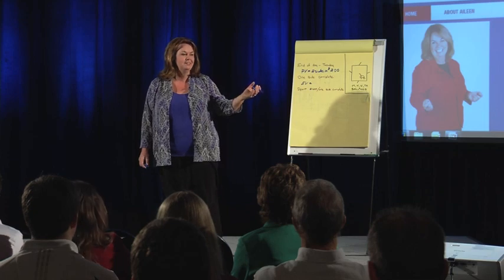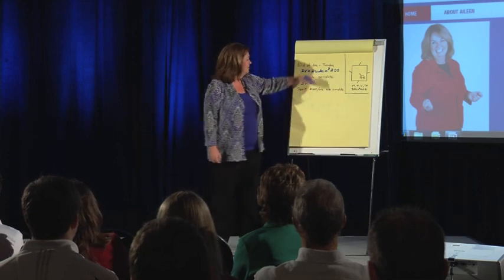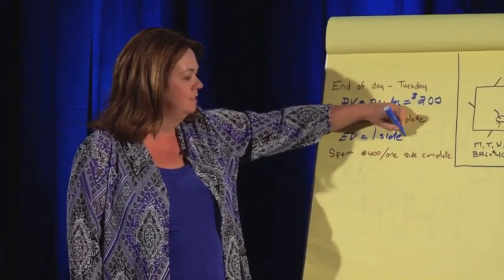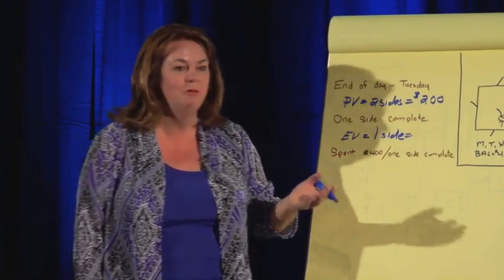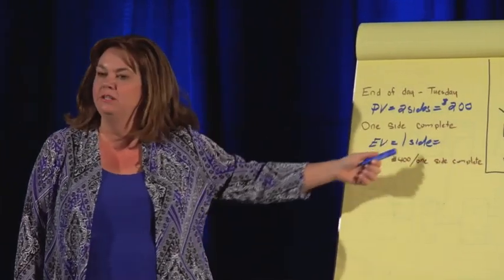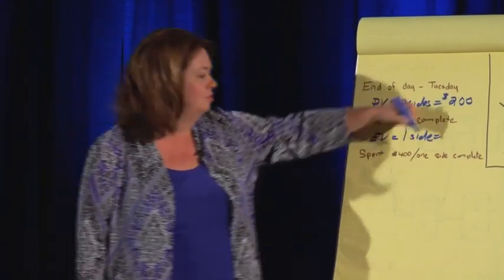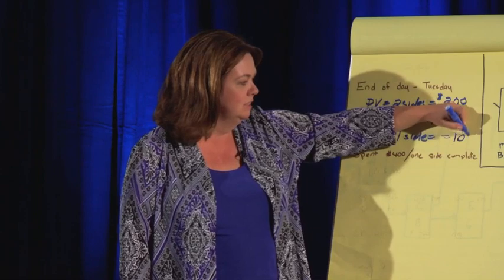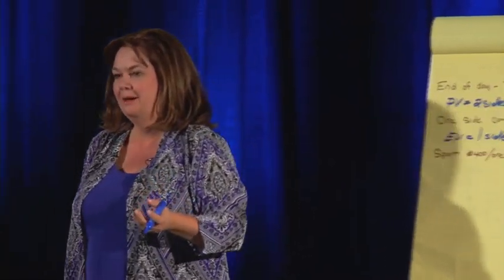How many sides? 1 side, great. Sorry to say that won't be one of the answers on the exam. It will be in terms of dollars. Based on the original budget, what would you say is the value of 1 side? $100. That would be the right answer on the exam.